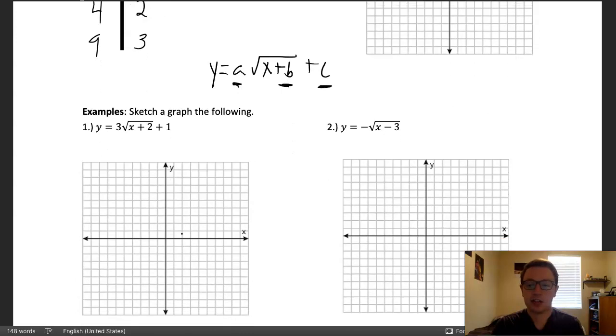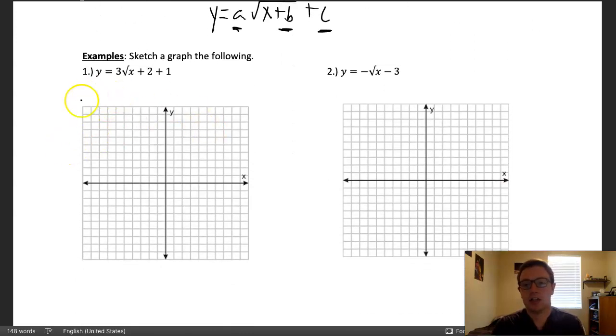So let's go ahead and try to graph some of these. We have our function here, y is equal to 3 square root of x plus 2 plus 1. Let's figure out what each of these does. The 3 is going to stretch us by 3, meaning that each of the changes we have to y will be tripled.